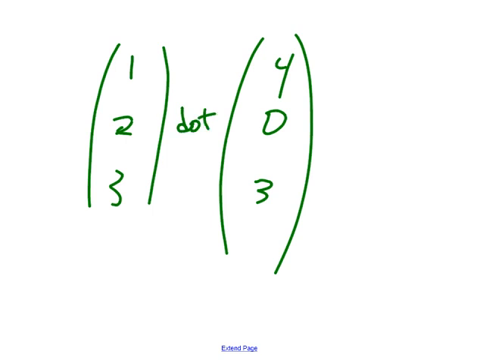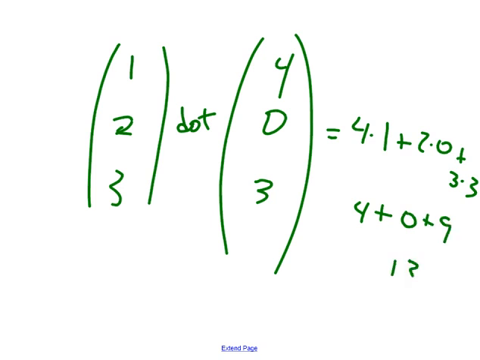Otherwise, you will think we are multiplying these vectors. Okay, the dot product of this is really simple. 4 times 1 plus 2 times 0 plus 3 times 3.